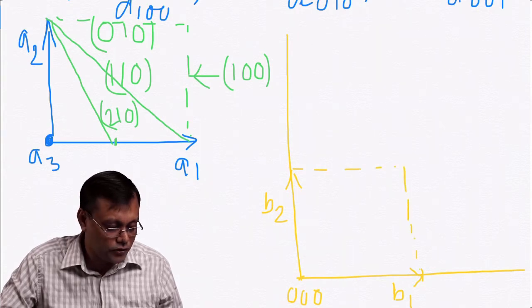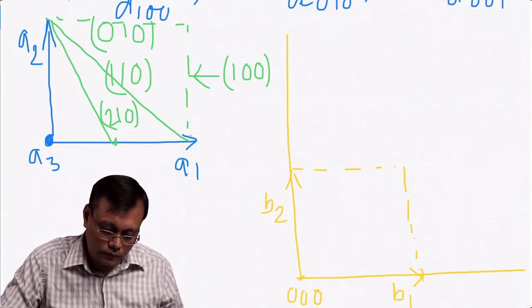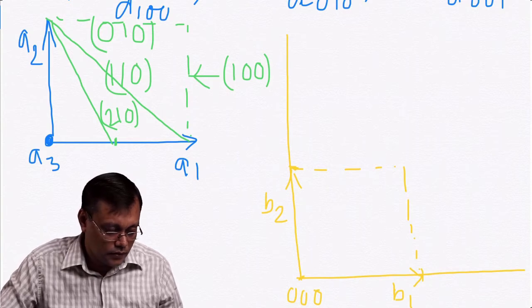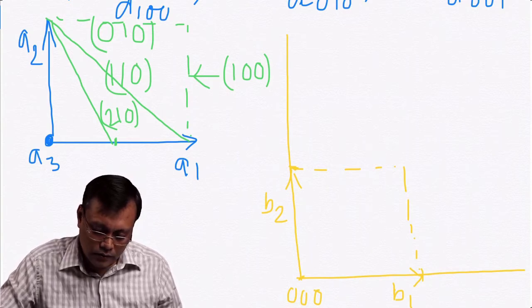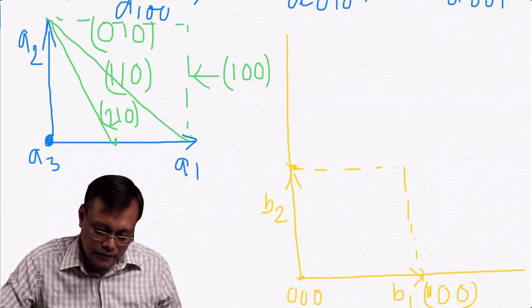Now if I draw these planes, then this particular one unit, so 1, 0, 0, isn't it? Now here this is 1 unit, so this is 0, 1, 0.